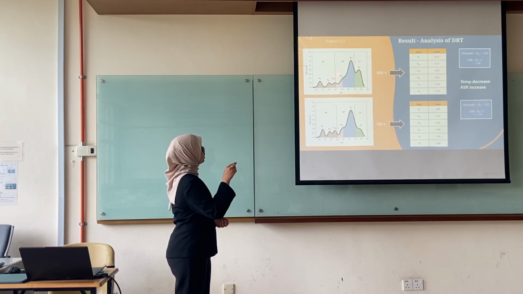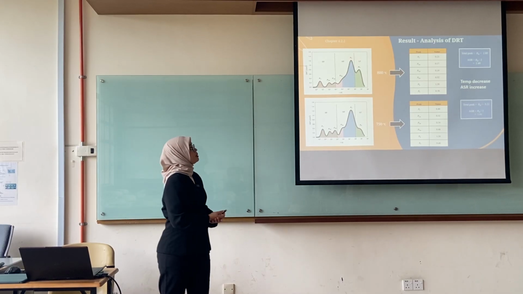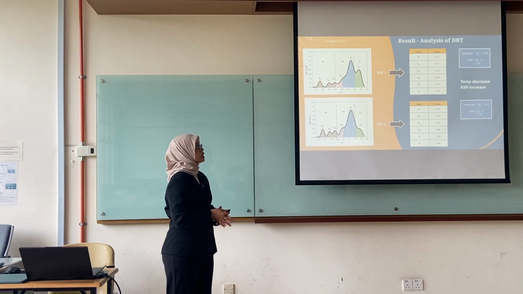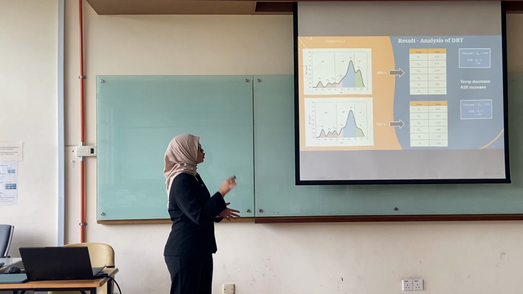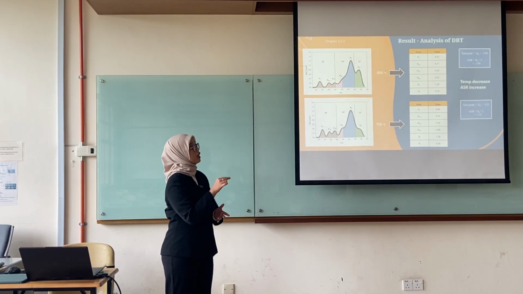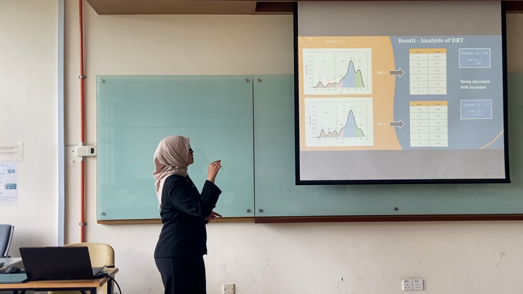P1B, P2A is actually a shoulder peak. What is a shoulder peak? A shoulder peak is not a sharp peak and unclear, where it occurs from two peaks in a process, in a frequency range. As you can see here, there are three. So this is not sharp and this is not sharp.